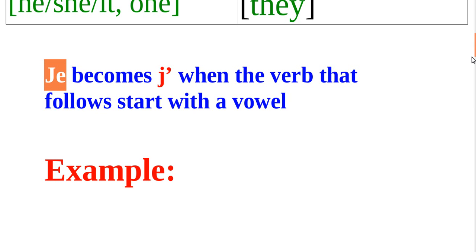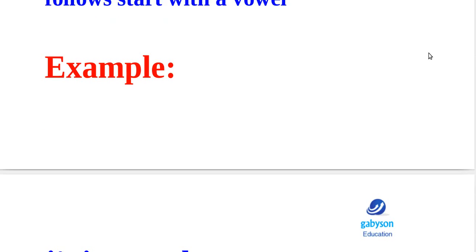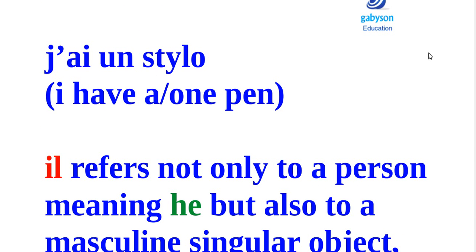The next one is an example: j'ai un stylo. J'ai un stylo, which means I have a pen or I have one pen, depending on the context.